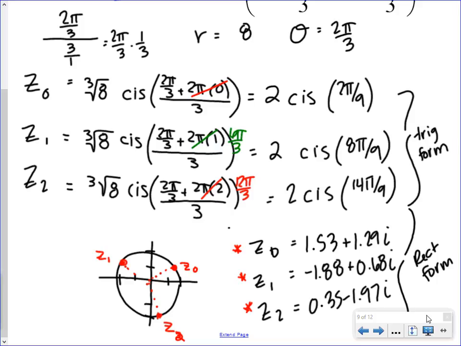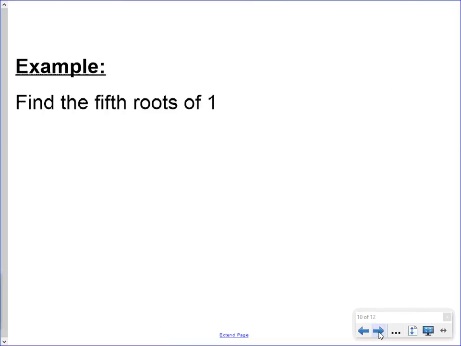Now, there might be some examples in your homework, so just really quickly, like this where it says find the 5th roots of 1. This is in rectangular form, 1 plus 0i. You know the 5th root of 1 is 1, so that should be one of your answers, but there are 5 distinct roots in the complex set, so some of them are imaginary, okay, and you need to find them.